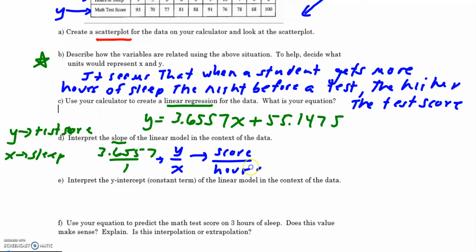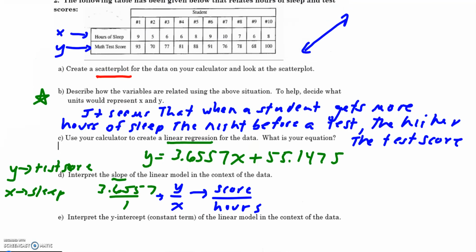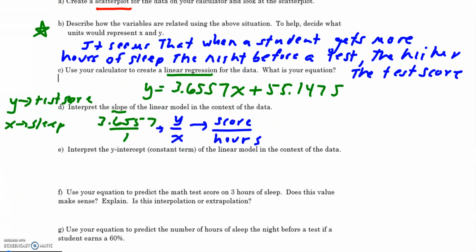So if you need to interpret what this slope means, remember that the slope of your equation was increasing from left to right, so something's rising. So if we had to put this into words, I would say something like this.